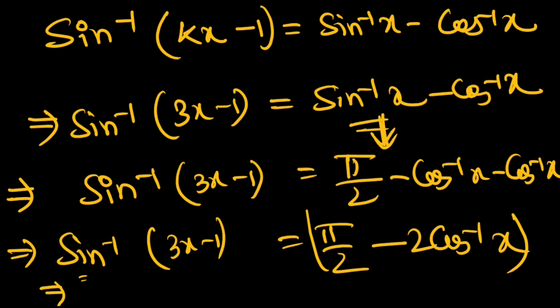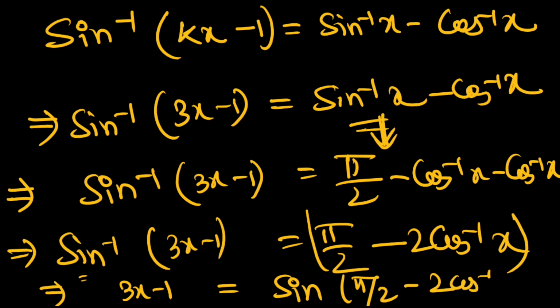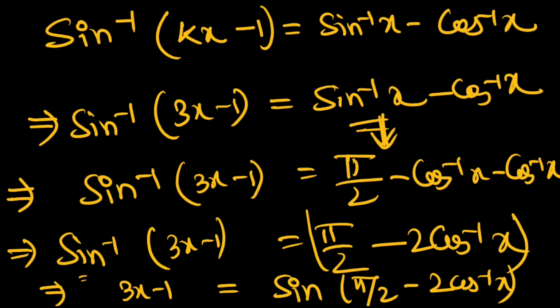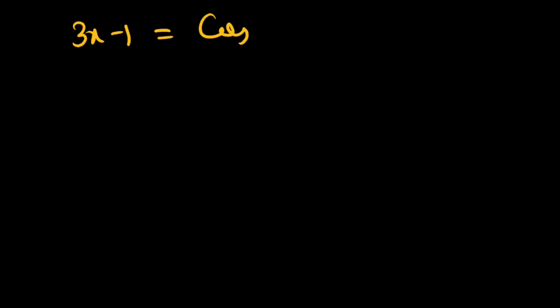Therefore 3x minus 1 is equal to sine of pi by 2 minus 2 cos inverse x, and since the sine function changes at pi by 2, that will change to cos of 2 cos inverse x.